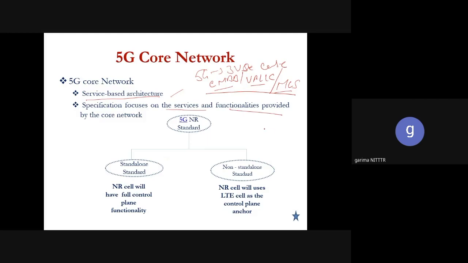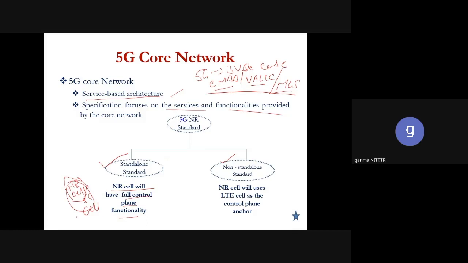So when we talk about the 5G network standard, it can be a standalone standard, or it can be a non-standalone standard. When we have the standalone standard, it means we have full 5G network functionality, that your BTS or gNodeB, this is your new radio cell or 5G cell, and this 5G cell has the full functionality of gNodeB, full control plane functionality.